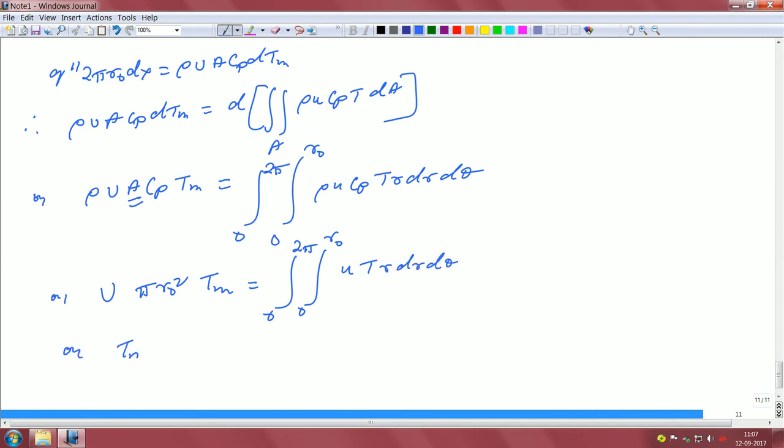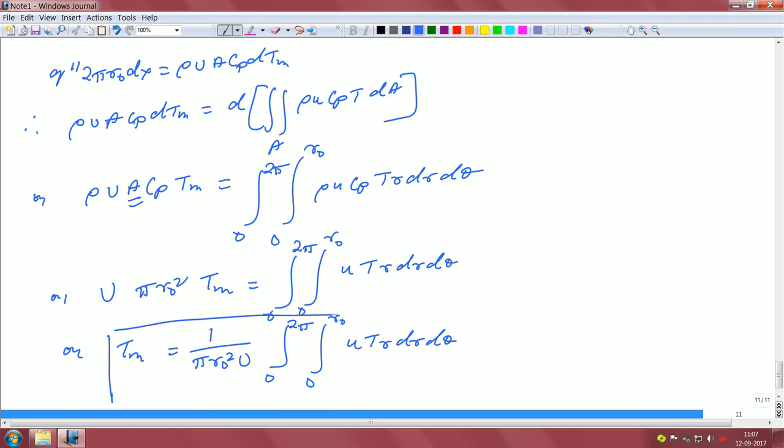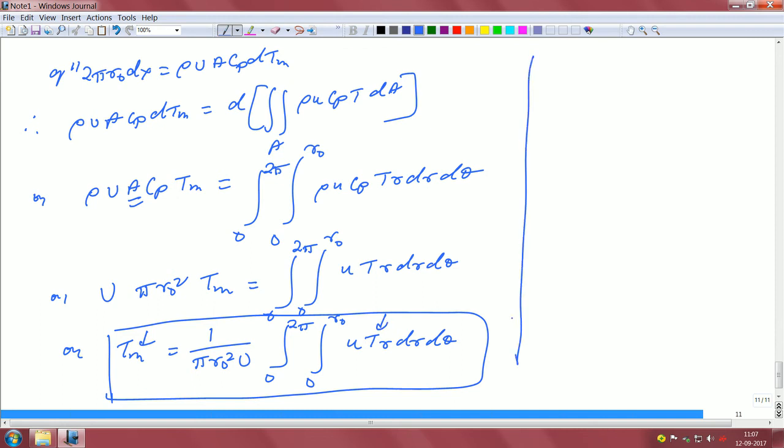Or Tm is equal to 1 over u pi r naught squared times the integral from 0 to 2 pi and 0 to r naught of u T r dr d theta, right. So, this is the expression that links Tm with the corresponding T, right, and h, that is the heat transfer coefficient in all these flows, will be given by q double prime divided by T naught minus Tm, right. That will be the case for all the cases that we are going to do here.